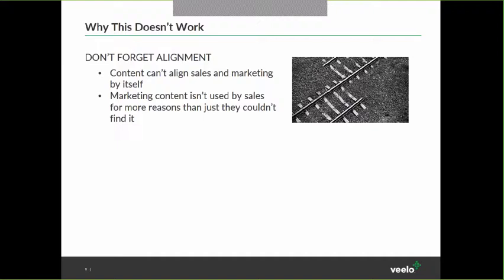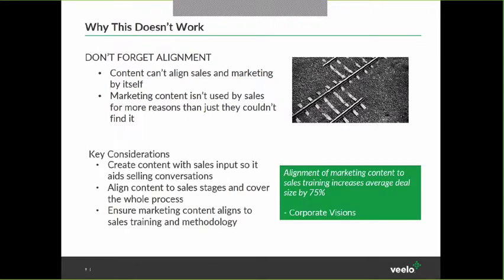And don't forget, 2/3 of marketing content isn't used not just because they can't find it, but because it's not the right kind of content that they need. Sometimes they can find things, but they can't find the thing that they want. So a sales portal that a seller can go to but doesn't have the right content doesn't help them either.